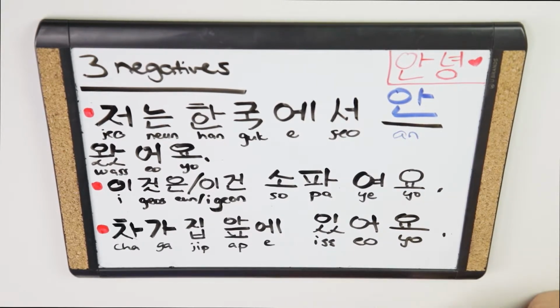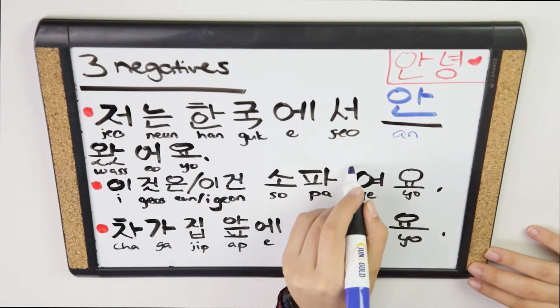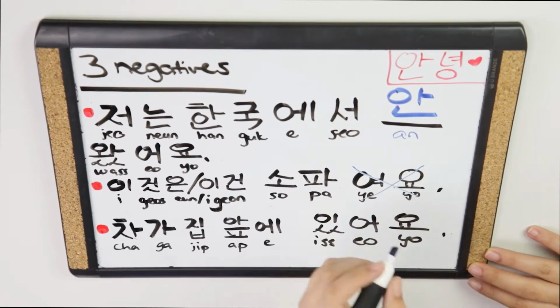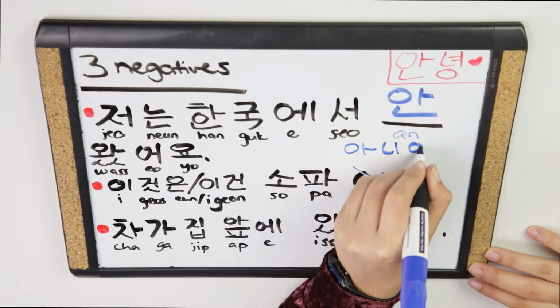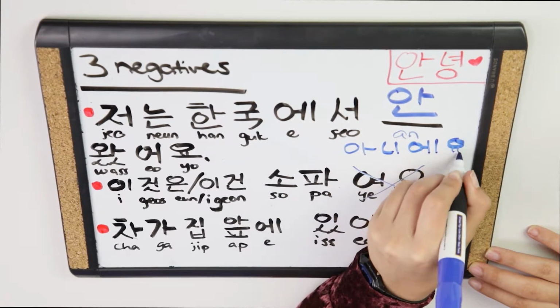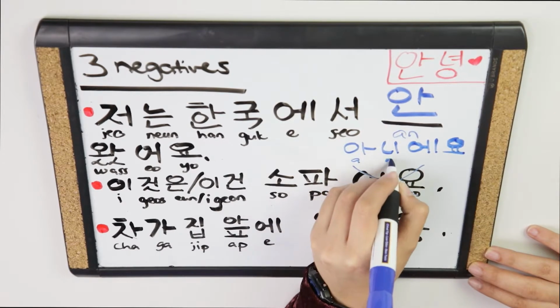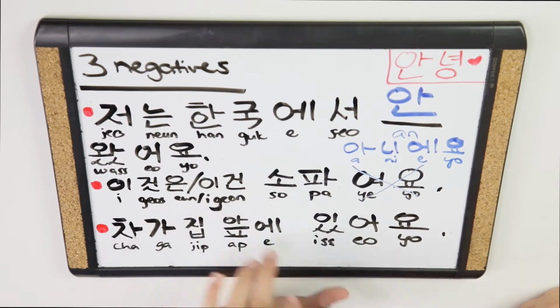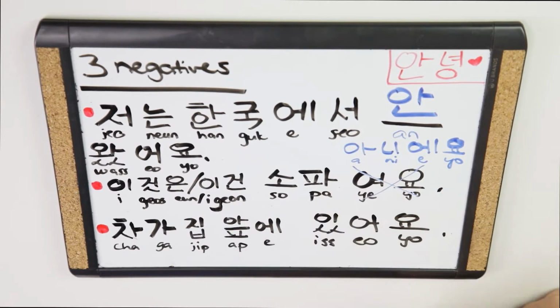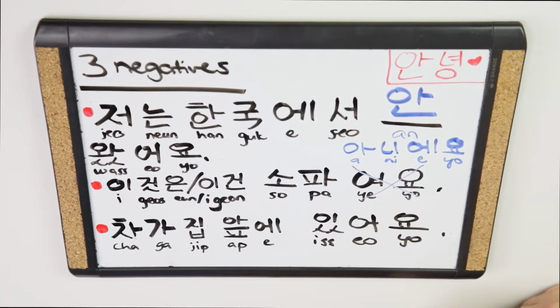Now how do I say this is not a sofa? We would take out 예요 right here and put 아니에요. So 이것은 소파 아니에요. This is not a sofa.